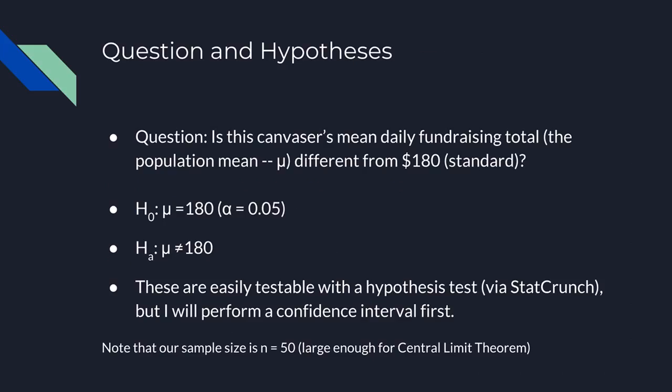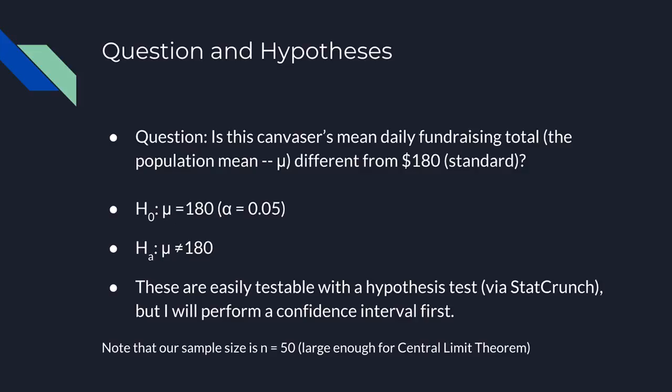Moving on to our questions and hypotheses, our question is: is this canvasser's mean daily fundraising total, the population mean mu, different from $180, which would be standard, the expected daily total for everyone at this organization? So that said, deriving our hypotheses, our null hypothesis is mu is equal to $180 at alpha equals 0.05.